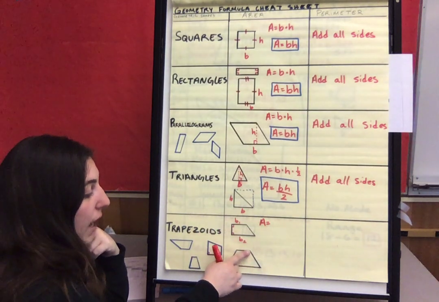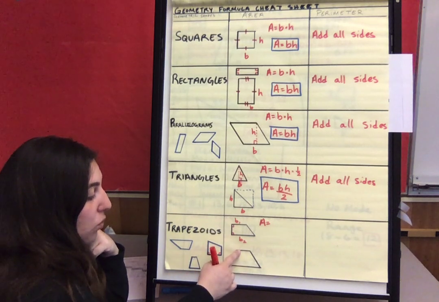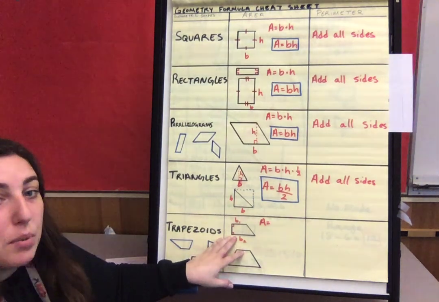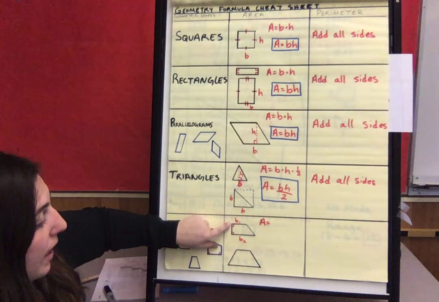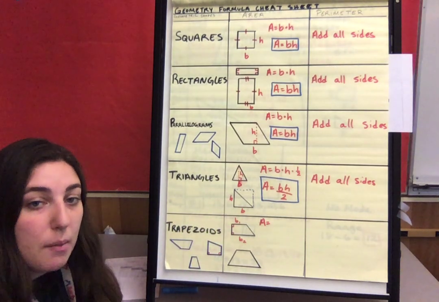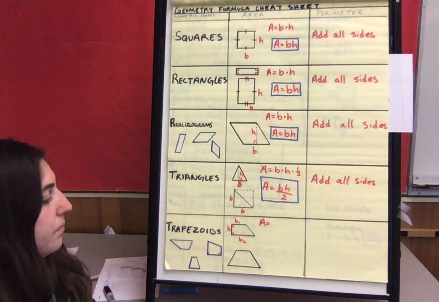Same over here, the height is not this slanted part. Our height is going to be from base 1 to base 2. So over here it works perfectly with this trapezoid that it just so happens that the height is on the side. But that won't be true for every single trapezoid. So our height is right here on the side.